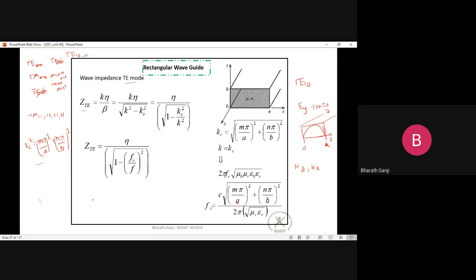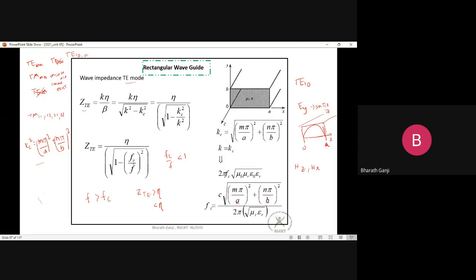So can you tell me, if I'm operating at a frequency greater than fc, is ZTE greater than eta or less than eta? Less than. Yes, it should be. You can see, because if I'm operating at a frequency greater than fc, then fc by f is a number which is less than 1.